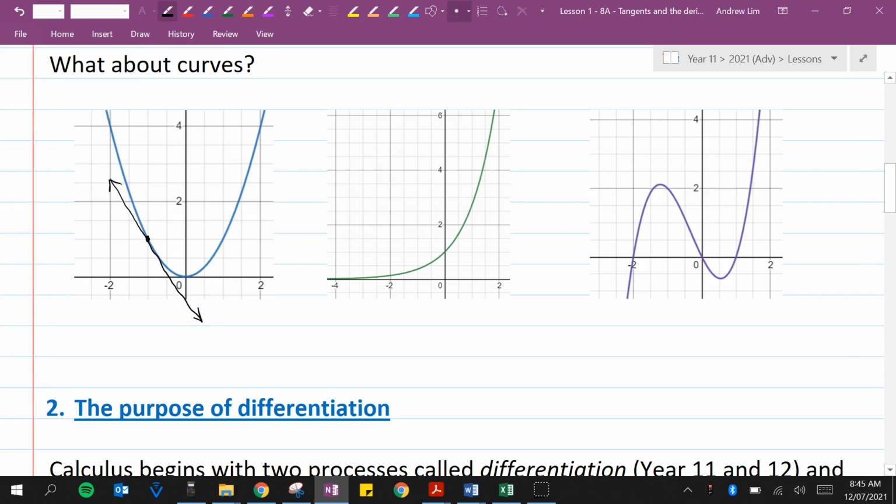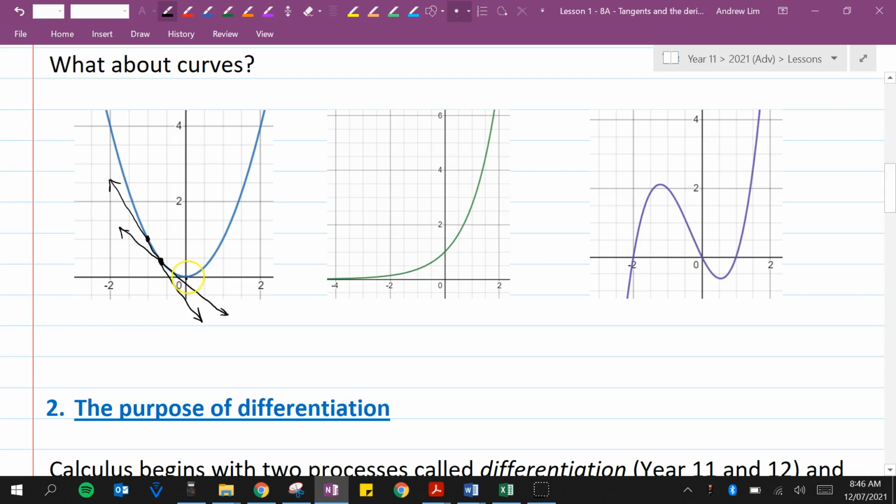If I were to find the gradient at this point over here, I can draw my tangent, because tangents are used to work out gradients, as I just stated before. It's still sloping down, it's still negative, but it's not as steep.